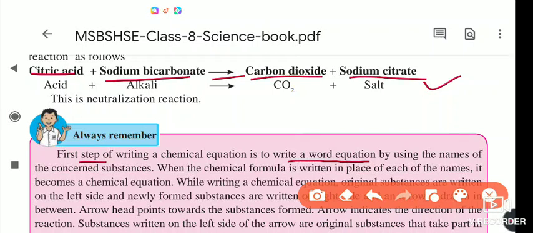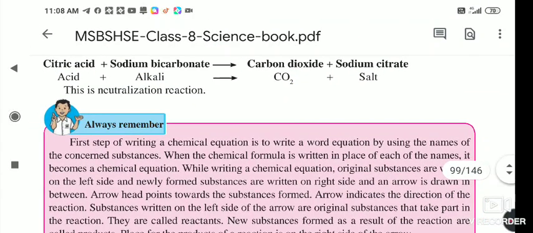So the word equation uses the names of the concerned substances. These are the substances taking part in the chemical reaction, that is citric acid and sodium bicarbonate, and carbon dioxide and sodium citrate are formed as the products.